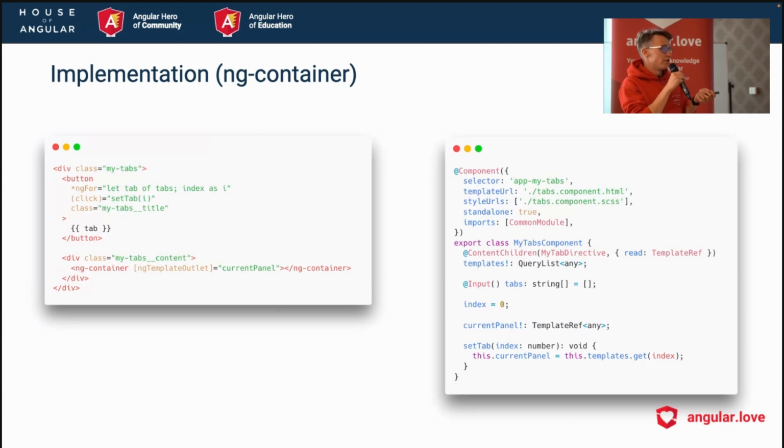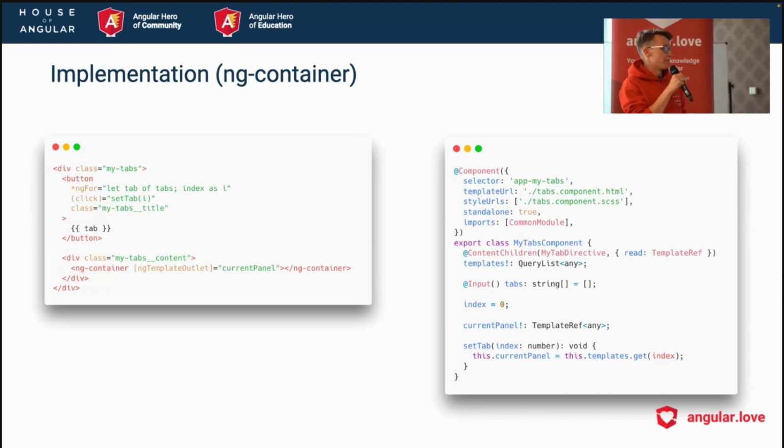So this contentChildren, when we pass them to this myTab directive, as I said before, this directive is like a marker directive, which allows us to read this ng-template, and that's when we get access to it, and that's when we store it on the component side, and then we can do with them what we want. We store them in a structure called QueryList, and each of these list elements is another template. We had 3, so here we will have 3 QueryList elements.